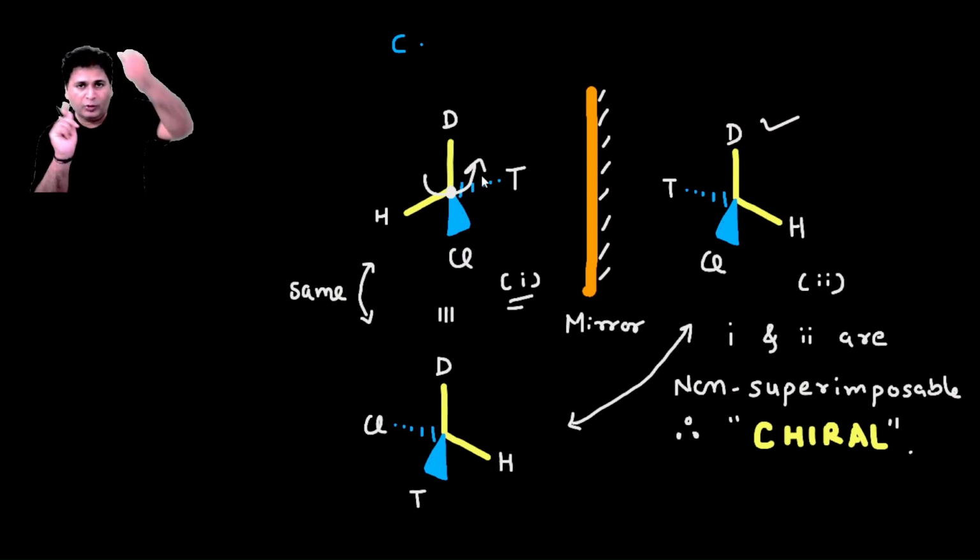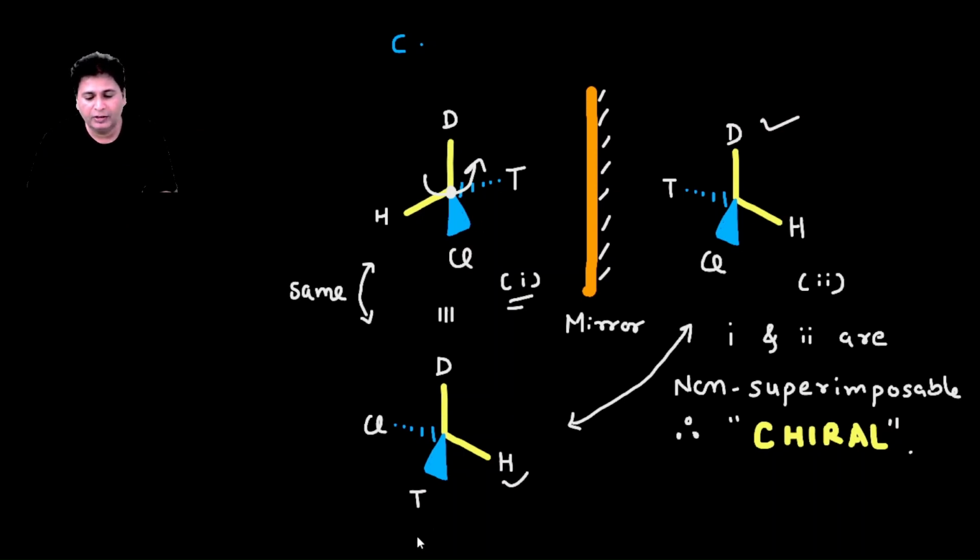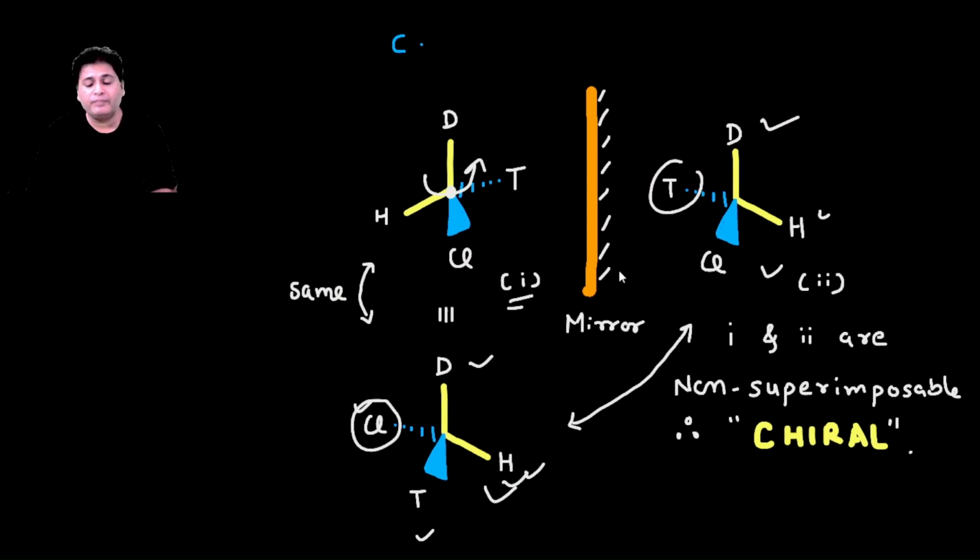As I rotated it 180 degrees, this hydrogen comes here, the tritium goes outside now, the chlorine goes inside now. Now you understand, if I try to superimpose these two, the deuterium matches on deuterium, the hydrogen matches on hydrogen, but this Cl will lie on tritium and the tritium will lie on Cl.